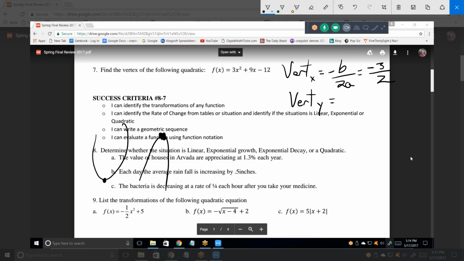Tell me what you're doing and I'll write it. 3 times minus 3/2. Always use parentheses because you're squaring that, and you are squaring the minus sign. Plus 9 times minus 3/2. And I caution you about doing the arithmetic early. Always write it out like that.